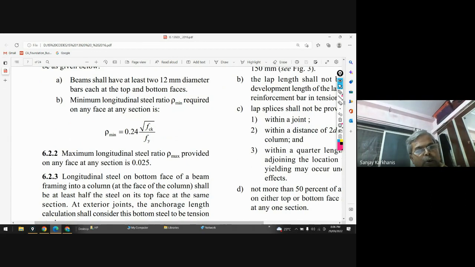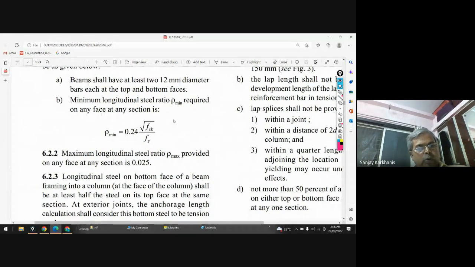Then minimum longitudinal steel ratio. So you can say minimum percentage of steel. Now this has been revised. In IS 456 you will find a different clause, which is 0.85 over Fy. And what is the difference between that clause and this clause?